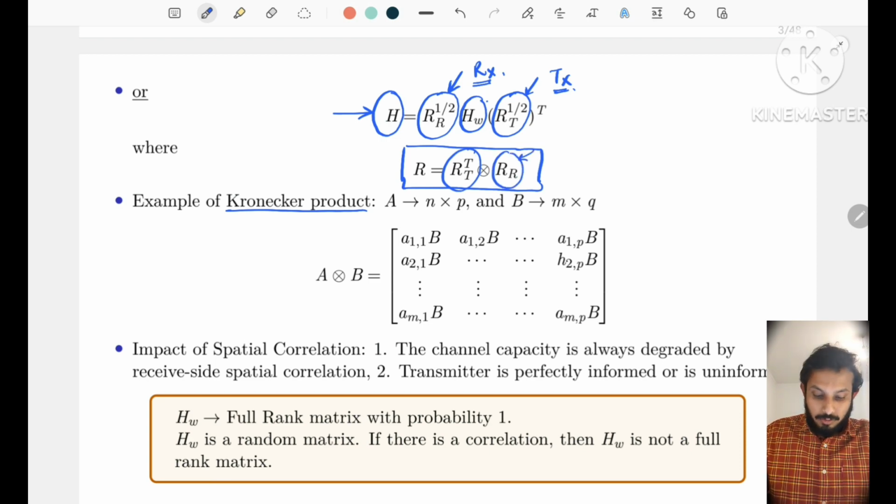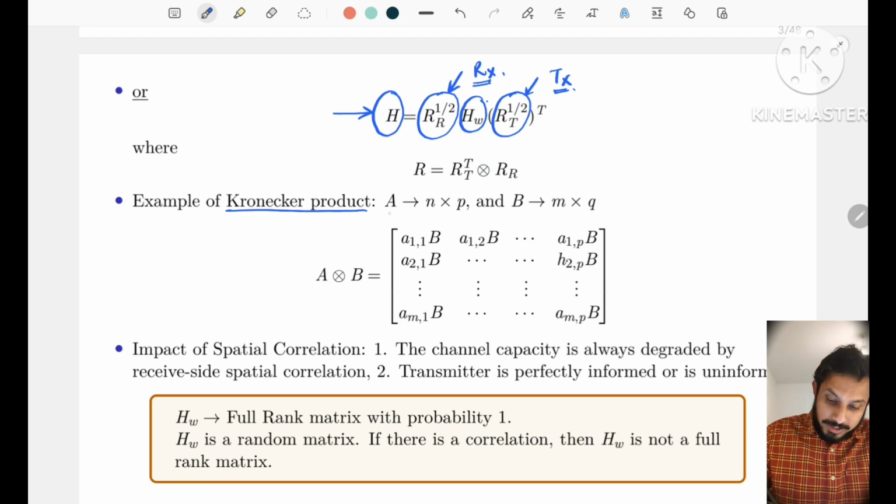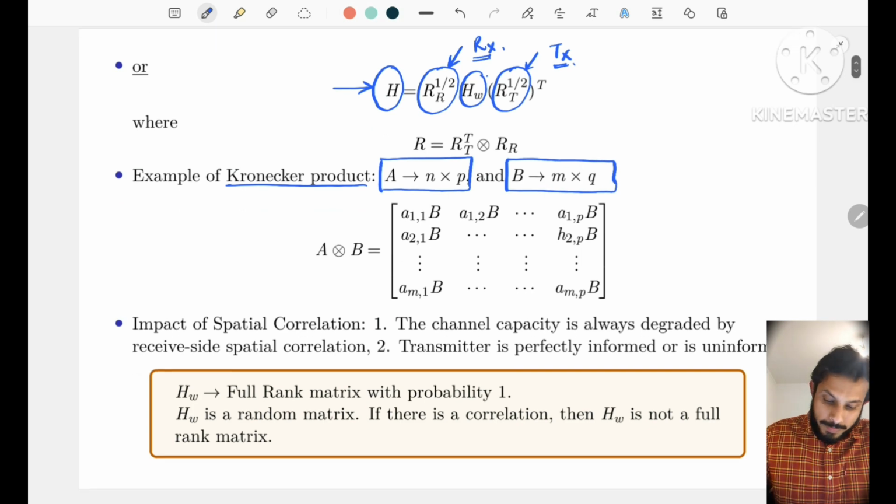Now to understand what the Kronecker product is, let us say we have two matrices, matrix A of dimension n cross p, and matrix B of dimension m cross q.